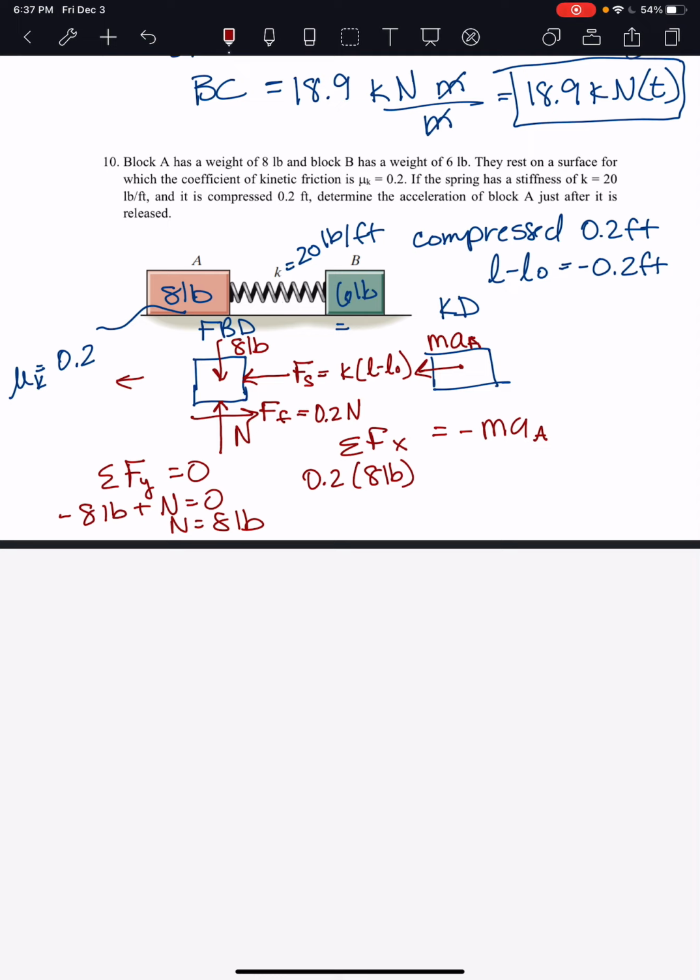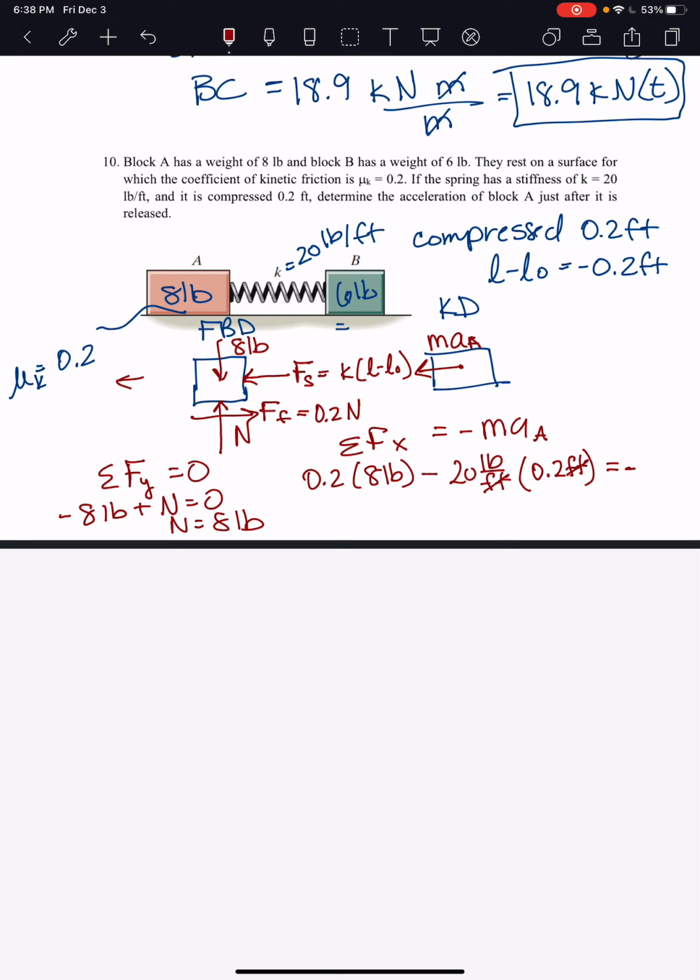And then we get minus that spring force, which is k, which was 20 pounds per feet, times the spring constant, which is 0.2 feet. Feet cancel out. The other N and the 8 pounds are both in the y direction, and that's going to equal negative the mass.